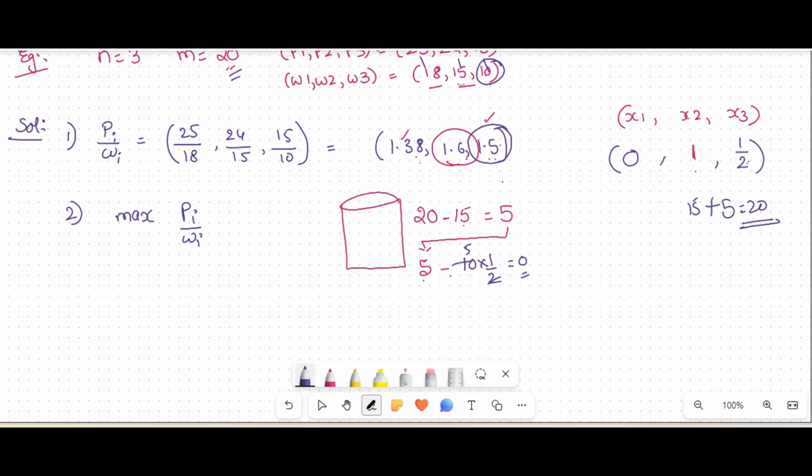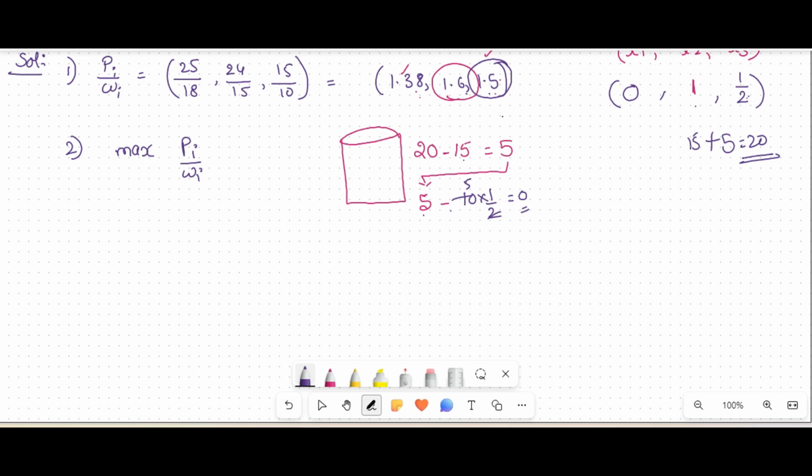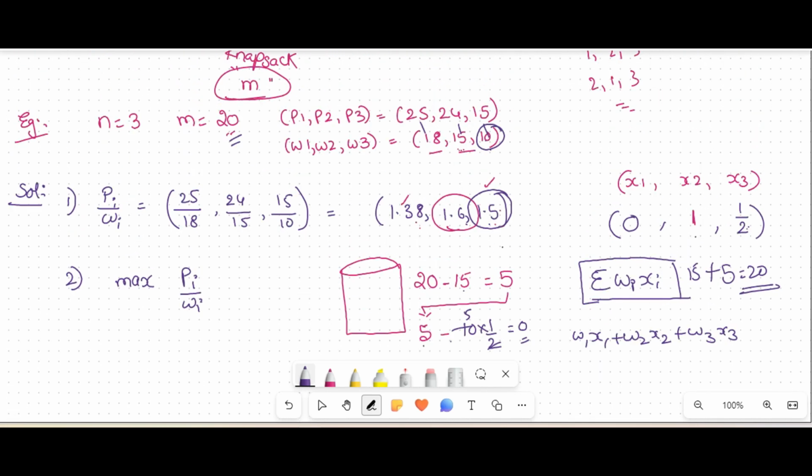Now what do we have to find out? We have to check this, which is called sigma wixi. That means w1 x1 plus w2 x2 plus w3 x3. W1, weight of the first object. What is the weight of the first object?